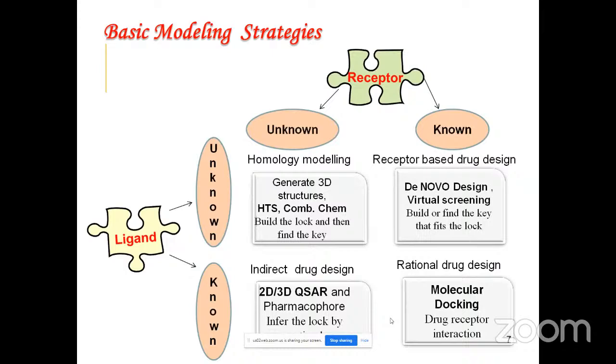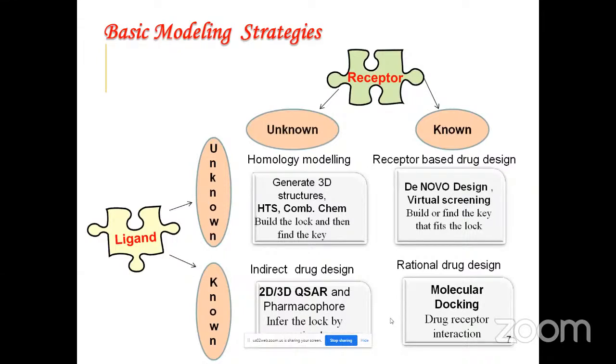If your ligand structures are known, then here comes the technology that is commonly upcoming nowadays, that is QSAR, which is commonly used for the formulation technology and analysis that we have already discussed. That is 2D and 3D QSAR and pharmacophore modeling. Here, if the ligand structures are known, their properties will be known, and the properties will be correlated with the biological activity.